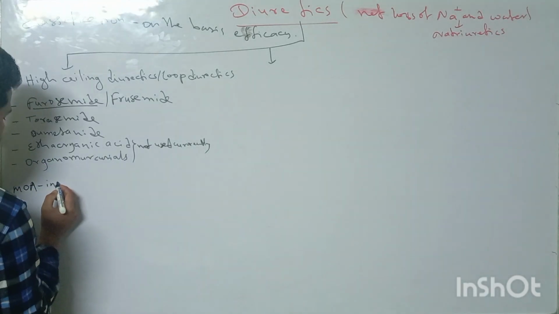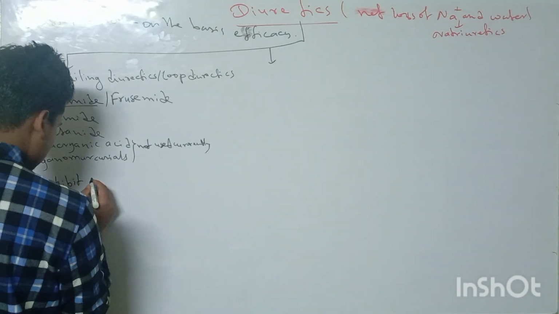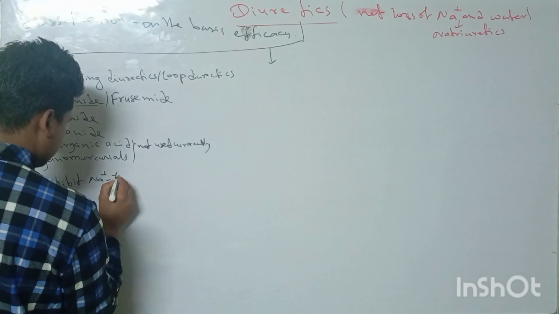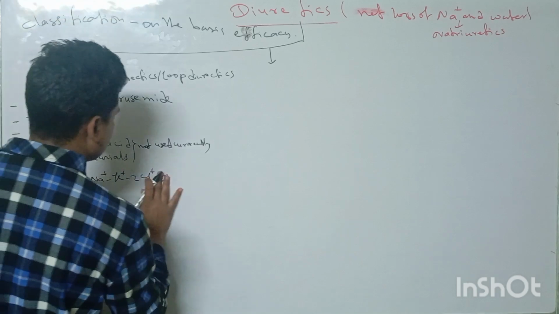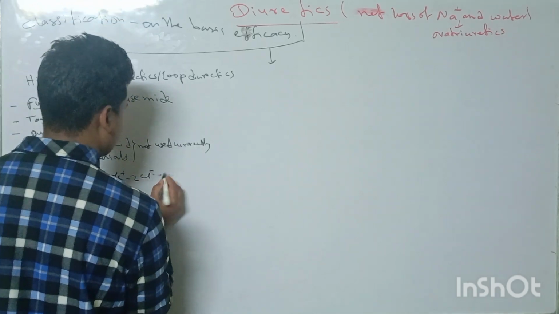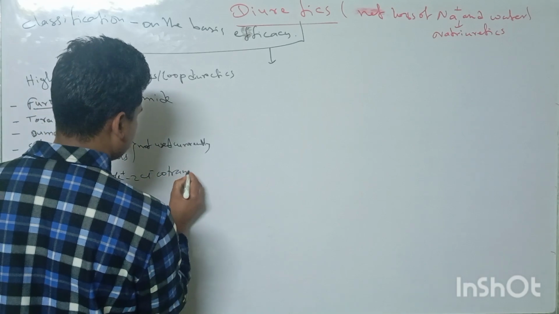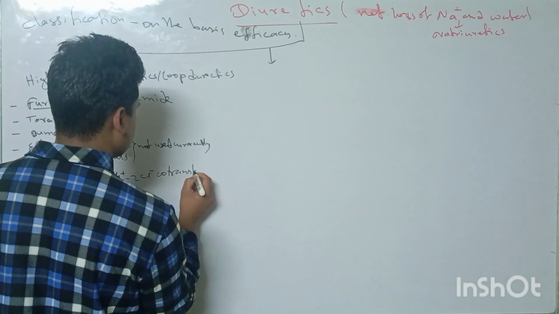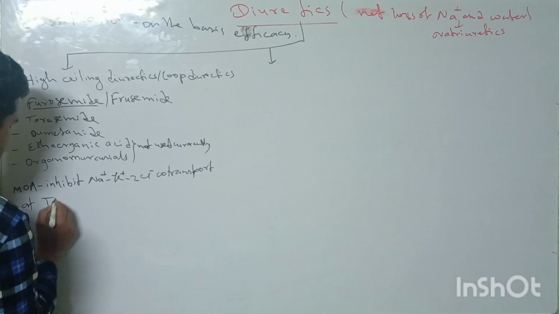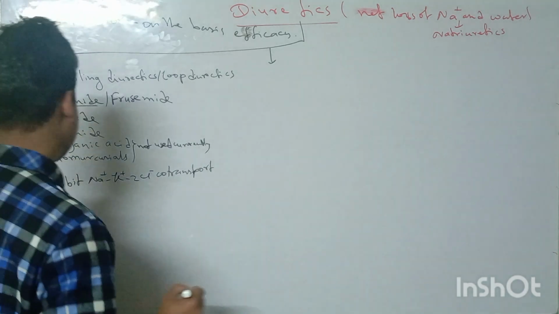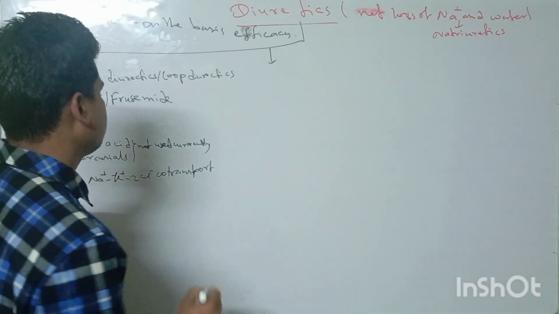What they will do is inhibit the sodium potassium 2 chloride cotransporter at the thick ascending limb of the loop of Henle. I will explain in detail later in the mechanism of action.